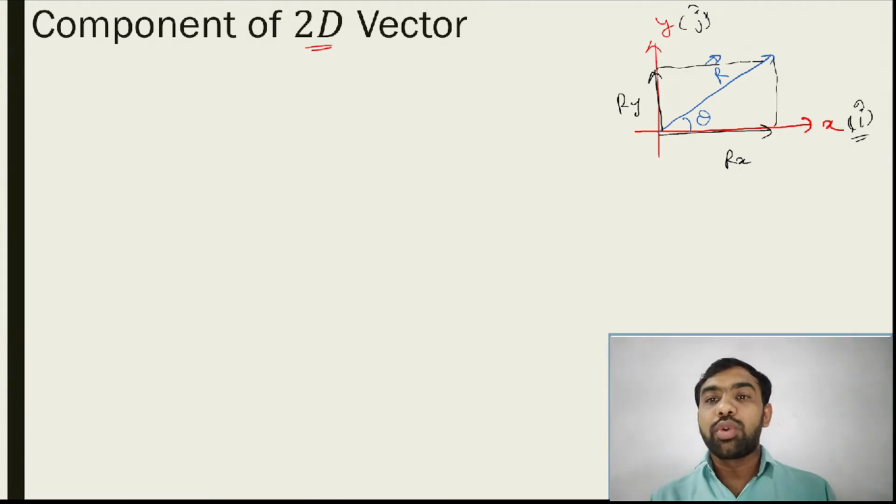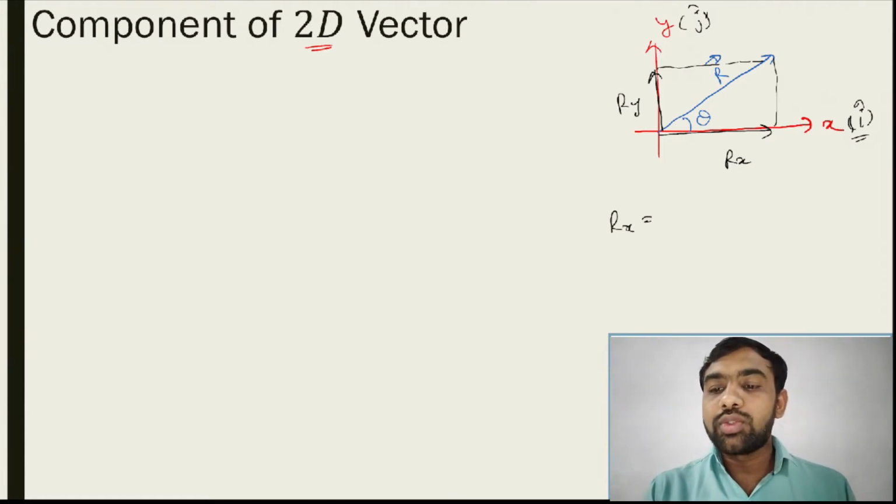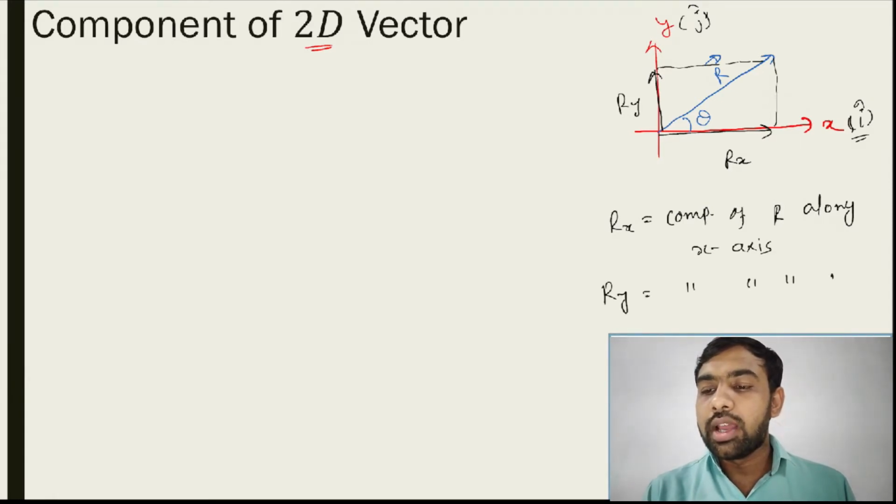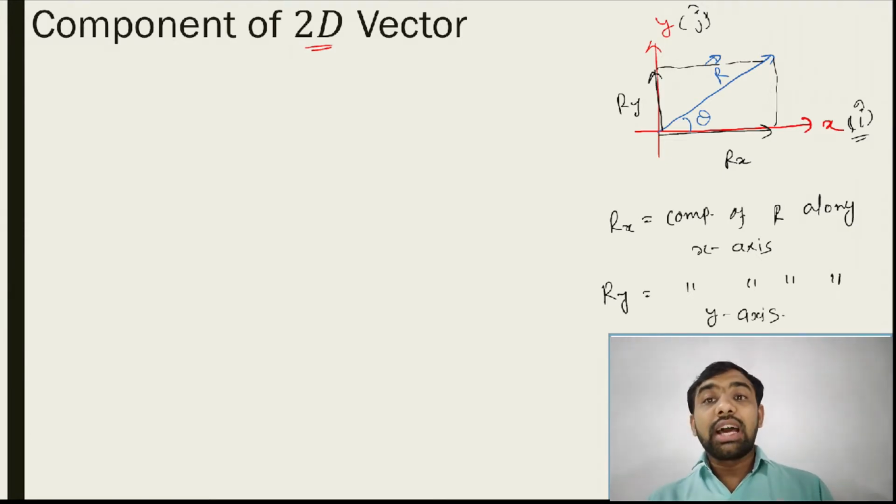Rx and Ry are both components of r, where Rx is the component of r along the x axis, and Ry is the component of r along the y axis. In vector form, Rx is Rx i, and Ry is Ry j. So finally r is just the summation of Rx and Ry.